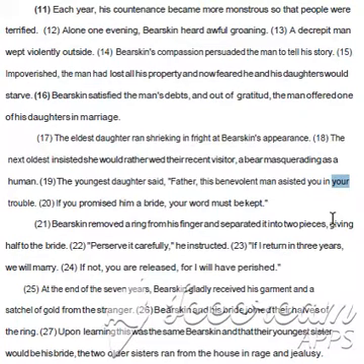To check that, I would read it as you are. So 19 would read, the youngest daughter said, Father, this benevolent man assisted you in you are trouble. That doesn't sound right. Whereas the way your is written here shows possession. It was the father's trouble, and that is correct. So it shouldn't have been C.